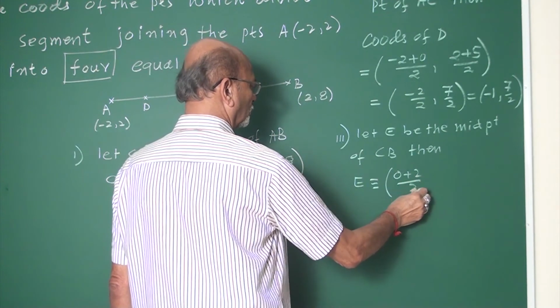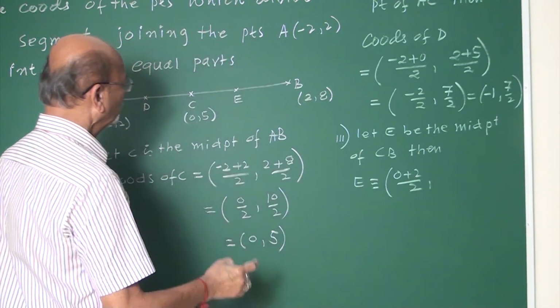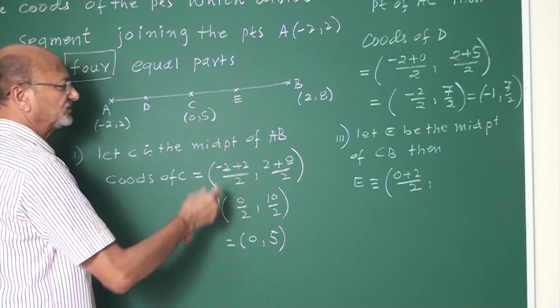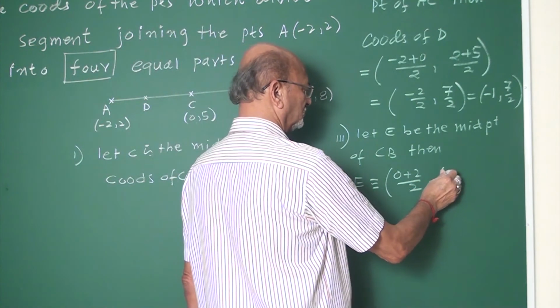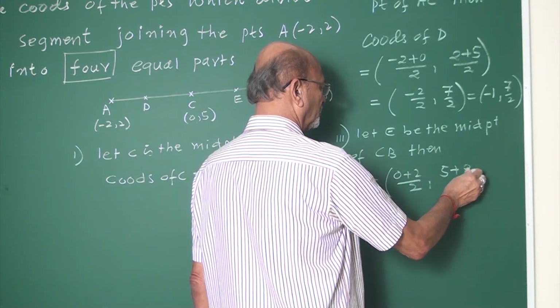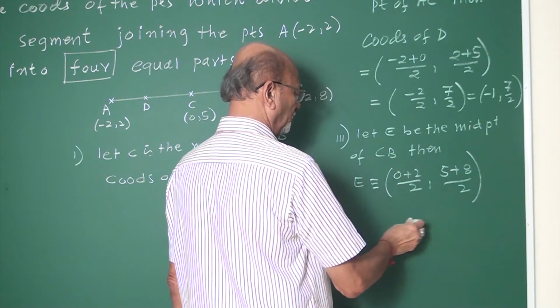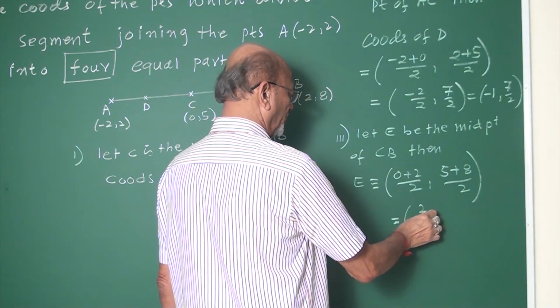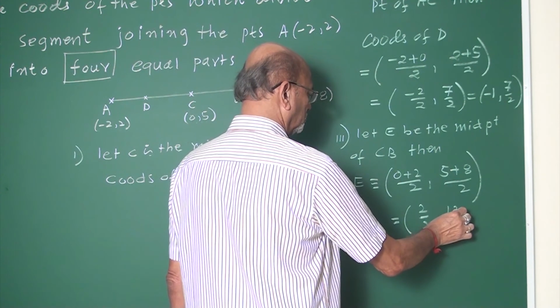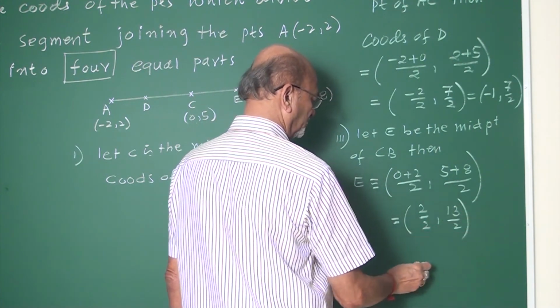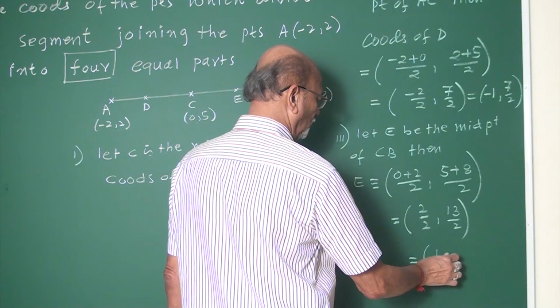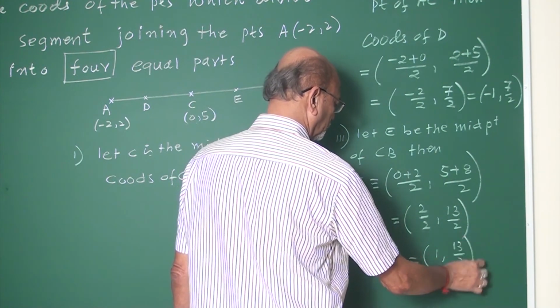Add y coordinates, 5 plus 8 upon 2. Simplify: 2 by 2, comma 13 by 2. So the answer is 1 comma 13 by 2.